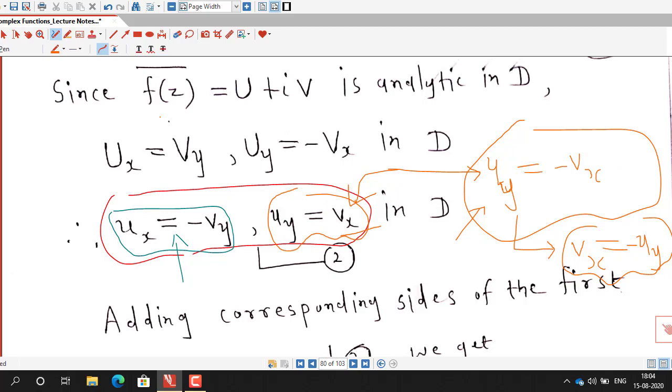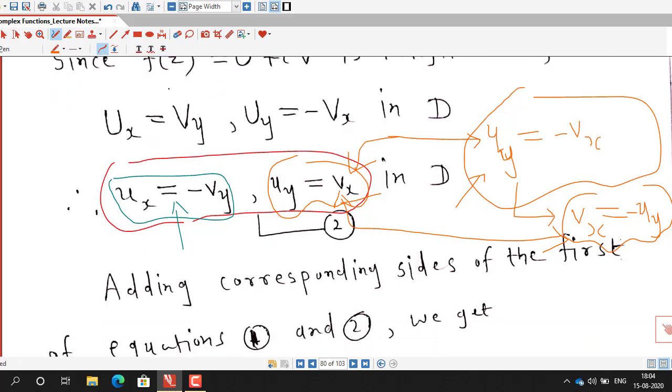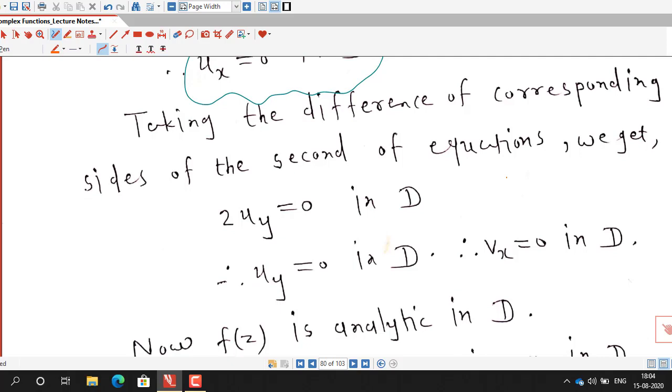But if I consider in this way, if I take difference of these two, you can see del v by del x will cancel out and we will have 2 times del u by del y equal to 0. Okay, so that is your choice, you can go in any way.